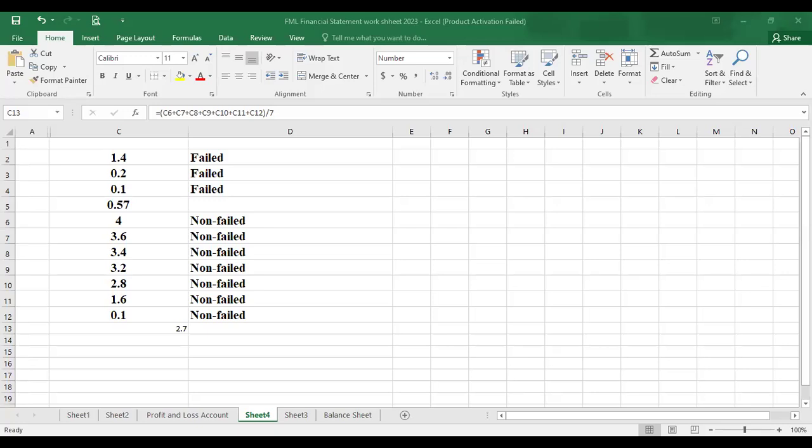So what about the 1.4 firm? In a situation like that, how do we then classify 1.4? We don't know, right? Because it doesn't qualify to be non-failed, and then its ratio also doesn't qualify to be failed.